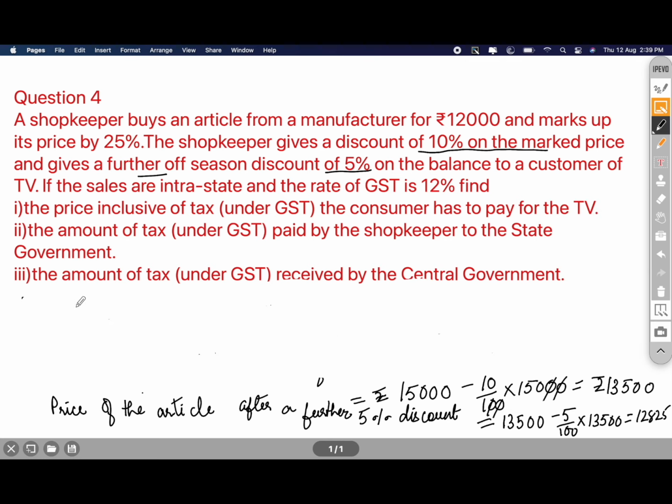So now cost price for the consumer is 12,825.